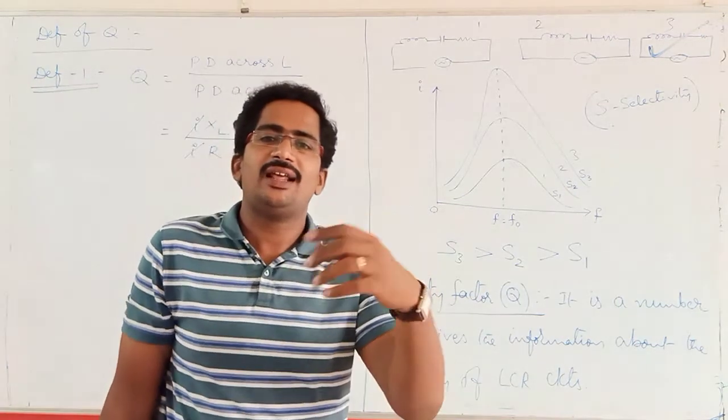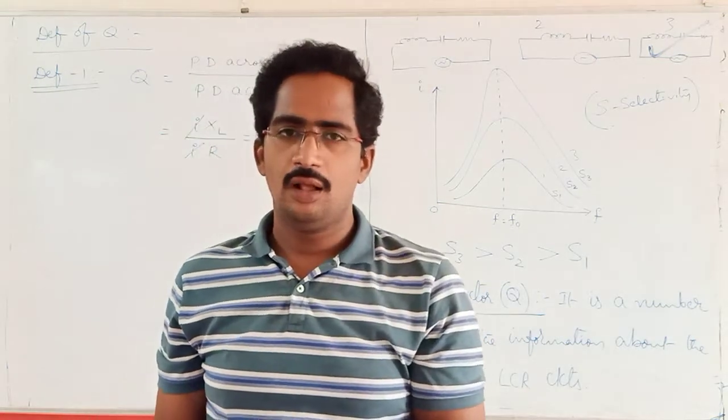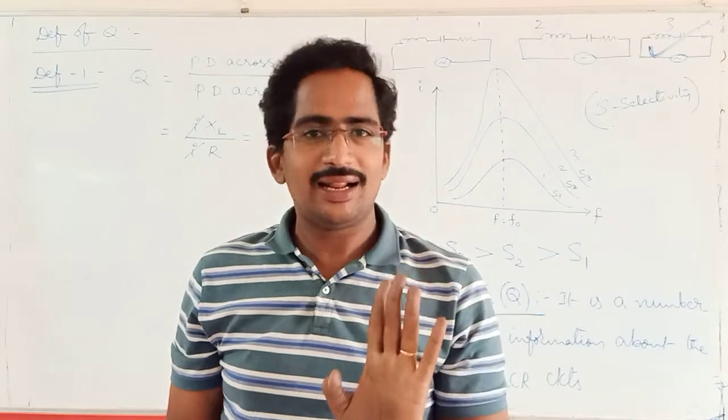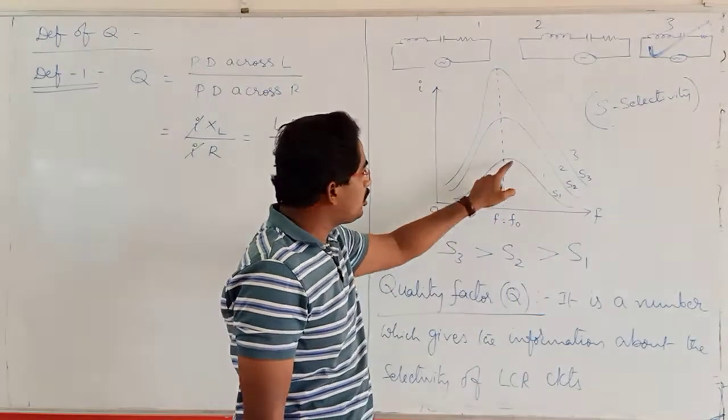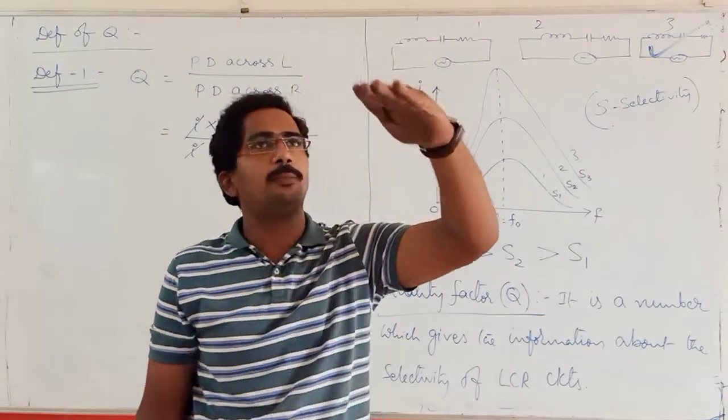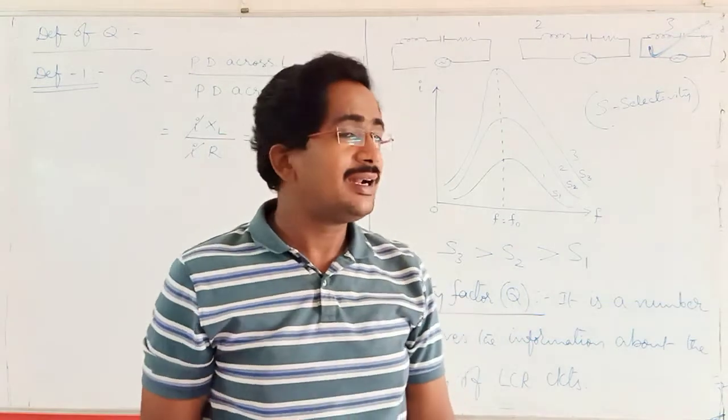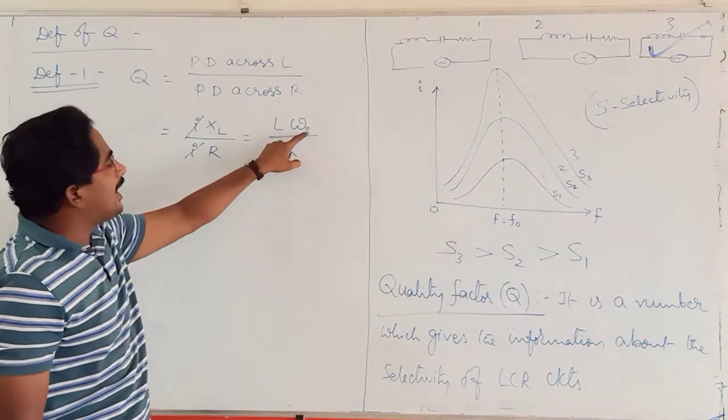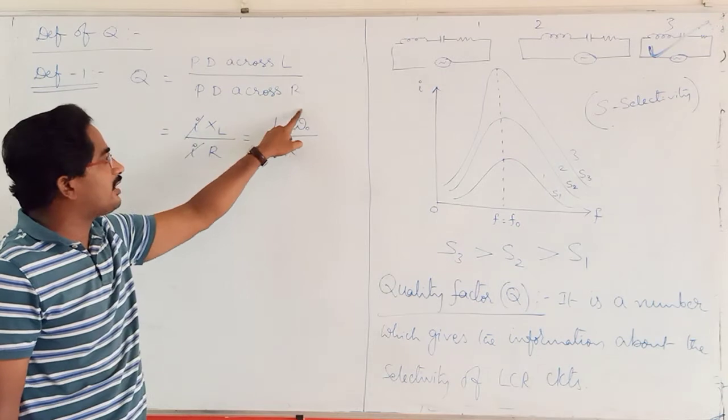Because selectivity we are doing under resonance state only, right? Under resonance state only, the curve will reach its peak value. By that, the frequency at that moment is the resonant angular frequency.